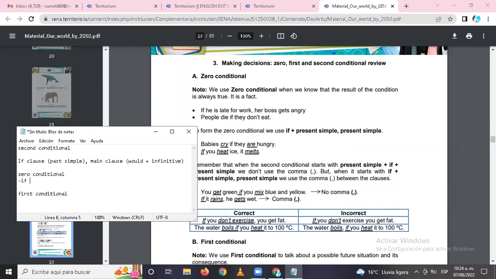Okay, the if clause goes in base form. In what? Sorry? The first sentence is about the condition. Yeah, the if clause, but what's the tense of that clause?